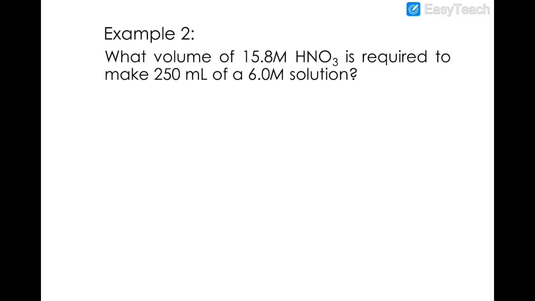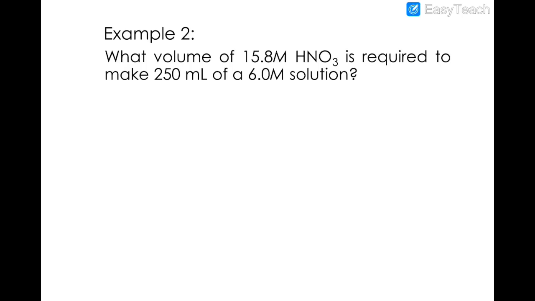So example 2 sama aja macam kita punya example 1. Okay, so you are asked to look for the volume of 15.8 molar nitric acid, which is required to make 250 ml of 6 molar solution. Therefore, kita cari dahulu yang mana initial, yang mana final.